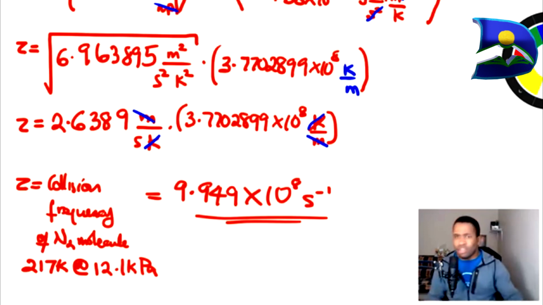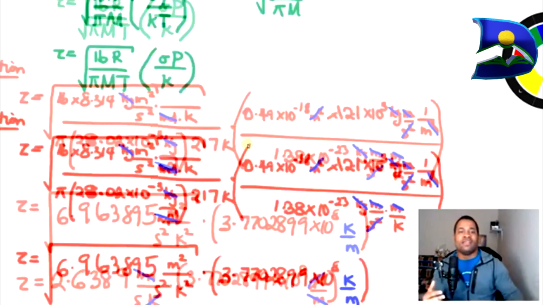And there are other conditions here you can play around with, but the main idea is to be able to derive this particular unit, which in this case is the unit for collision frequency. As you notice here, you have to follow the agreement, you have to follow the kelvins and everything properly in order for you to show that this is a great way to check your answer and the operations that you're performing.